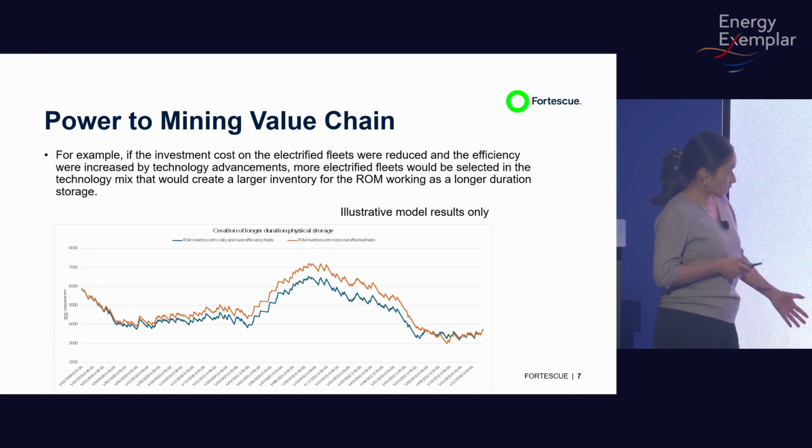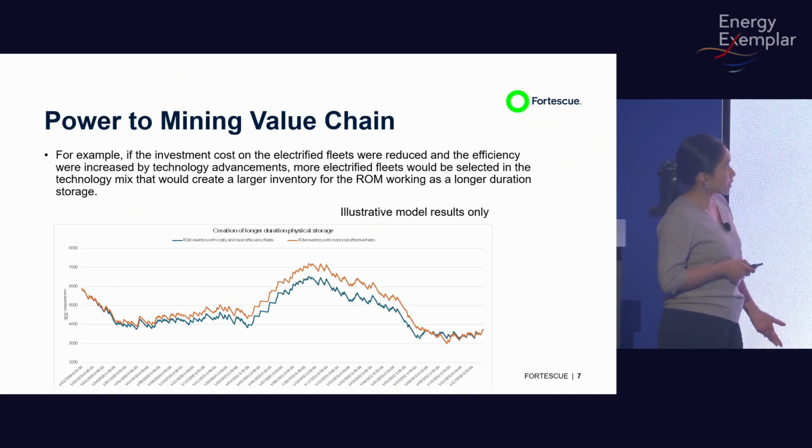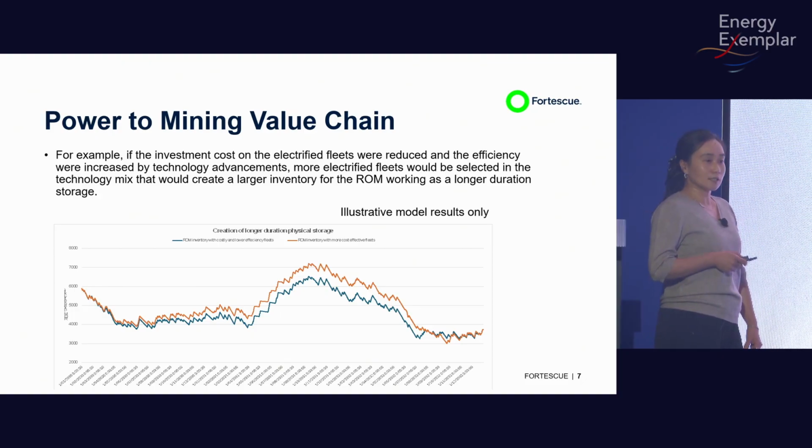As I said, this is how we size the assets. When we size the power and the battery, we see what the dynamics are along this process. Then we ask, what if we can work with the OEM manufacturers to increase the efficiency of the electrified fleet? What's the impact from that?